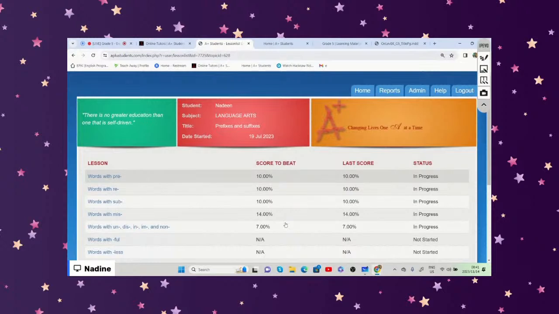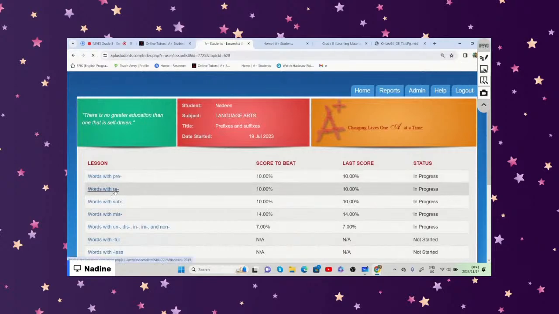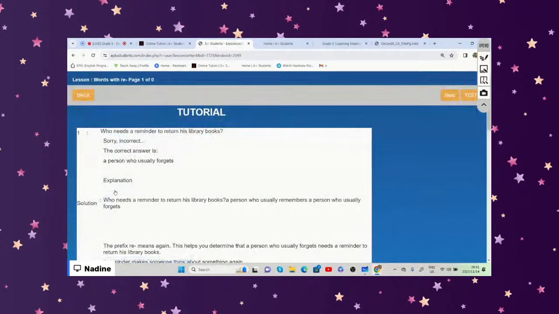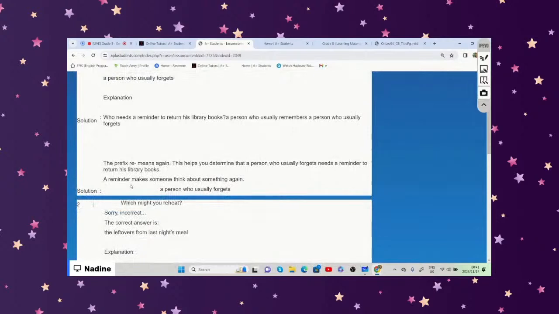And then we also have words with re. And we say that the prefix re means again, like reload. So we said the prefix re means again.